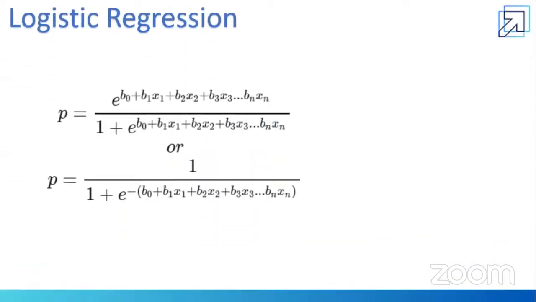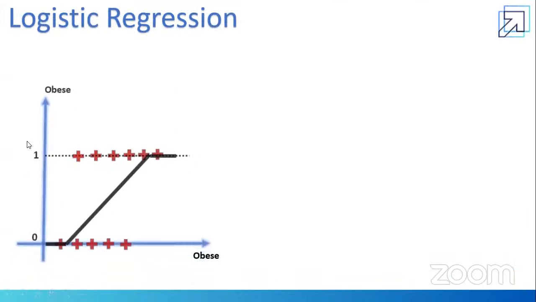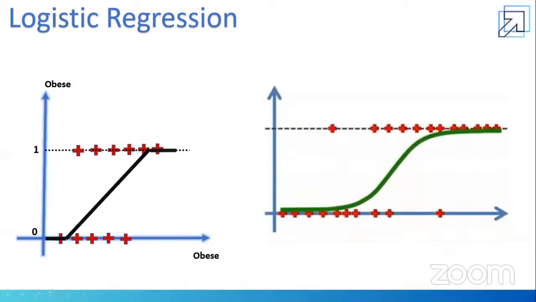Then our equation will become this. Now if we apply this function on this data, our data becomes something like this. So this is the data that we get after applying the sigmoid function.